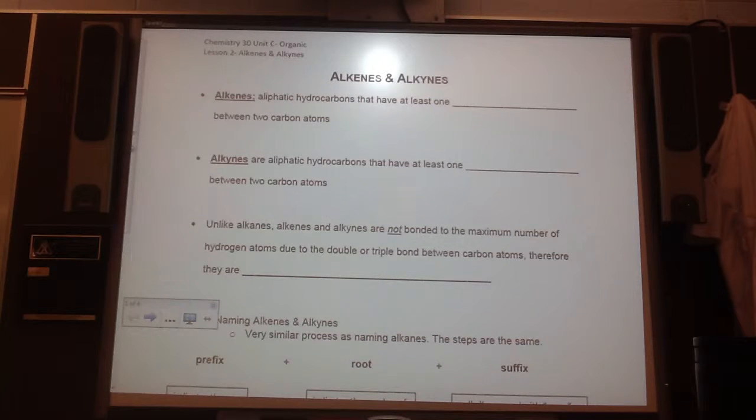Okay, one term that I don't think I used yesterday, and you can see it in the beginning of your notes, is aliphatic. It says alkenes, aliphatic hydrocarbons. So let's say what aliphatic means before we go any further.